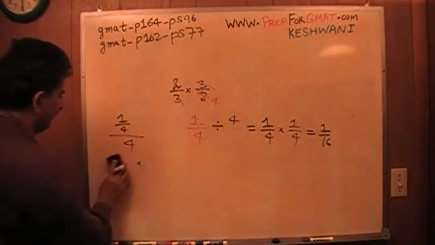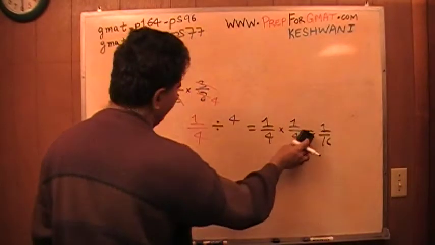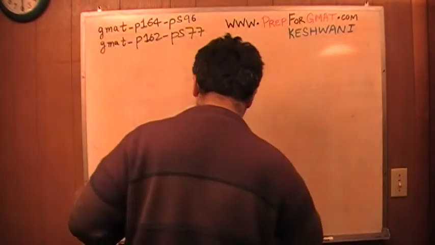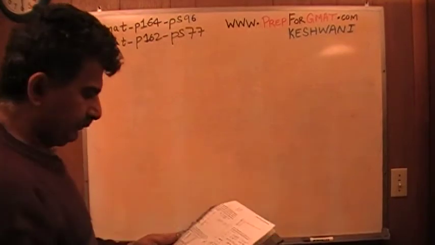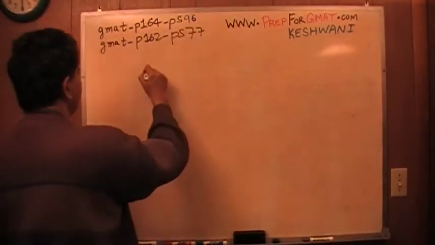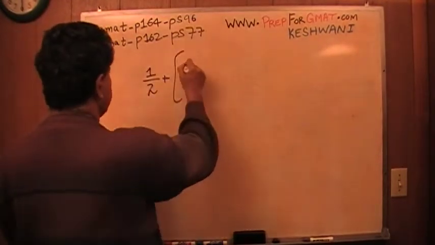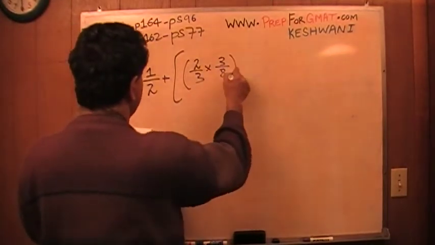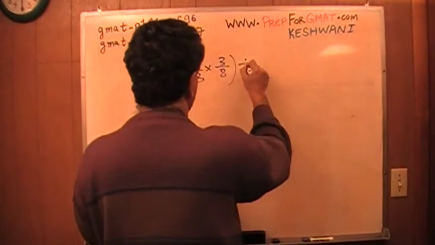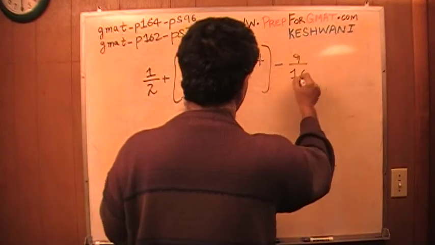So which is what I'm going to use now. I'm going to erase everything. I'm going to rewrite the problem, and we know that middle part equals 1/16. There we go. So we have 1/2 plus 2/3 times 3/8 divided by 4 minus 9/16.